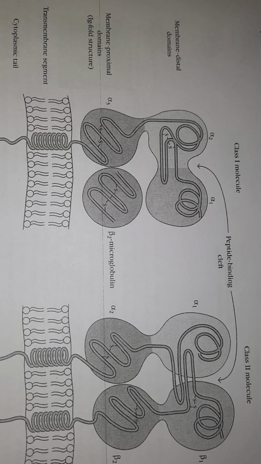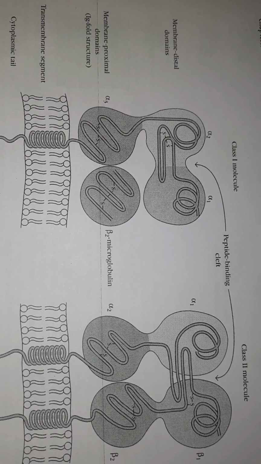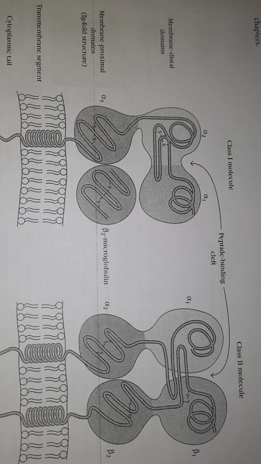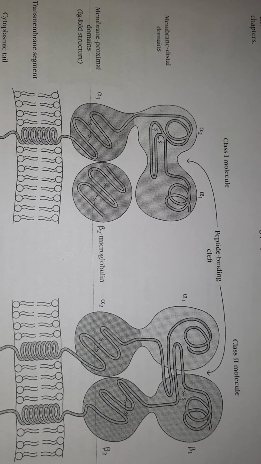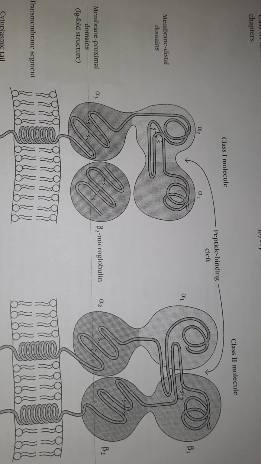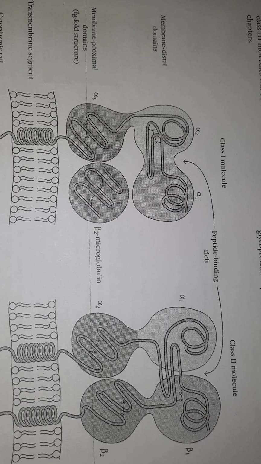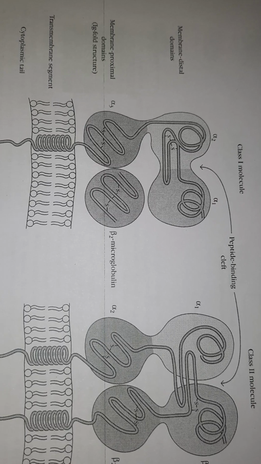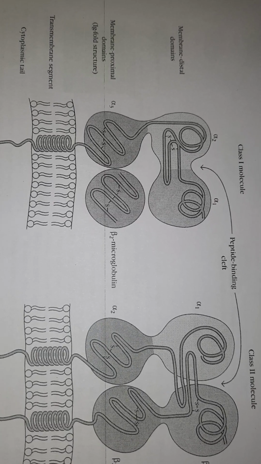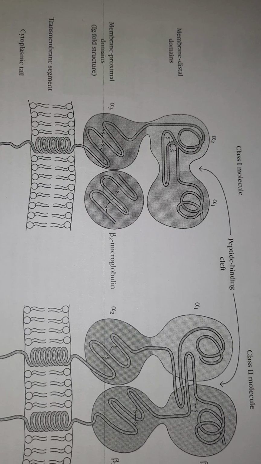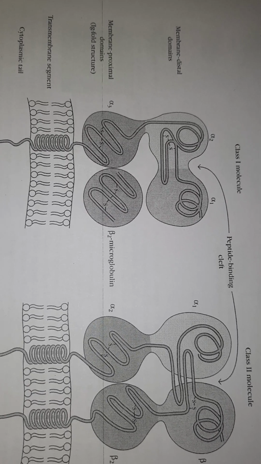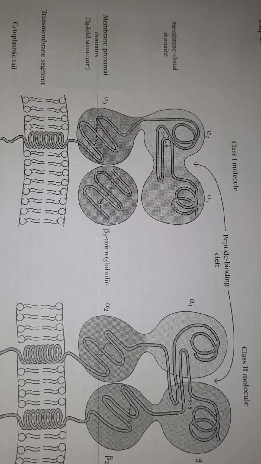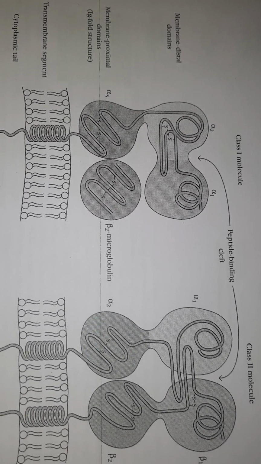The class 2 molecule lacks the conserved residues that bind to the terminal residues of short peptide and forms instead an open pocket, an open-ended groove. The class 2 MHC molecule binds with peptide and presents them to TH cell CD4 positive. The antigen which is recognized by TH cell is present in the endocytic pathway.